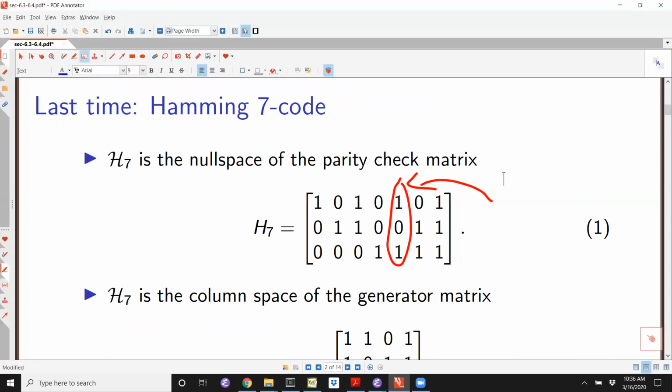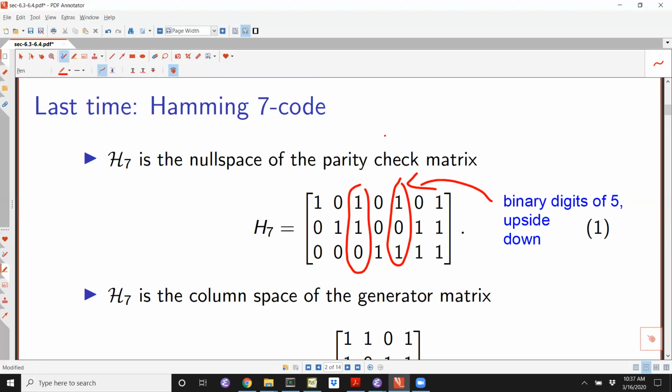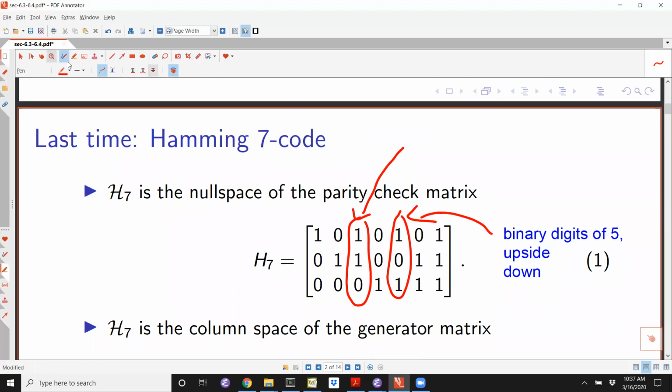So this is the binary digits of 5 upside down, except the number 5 has palindromic binary digits. So that was a poor choice of column to illustrate this. Let's try this. So this column is column 3.